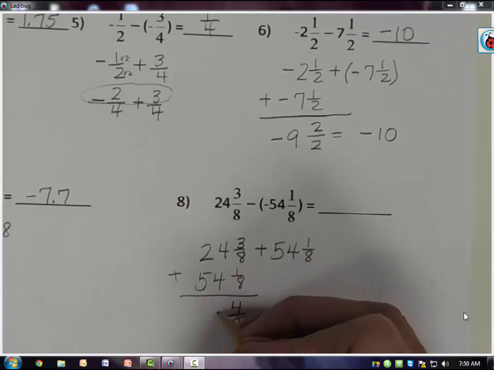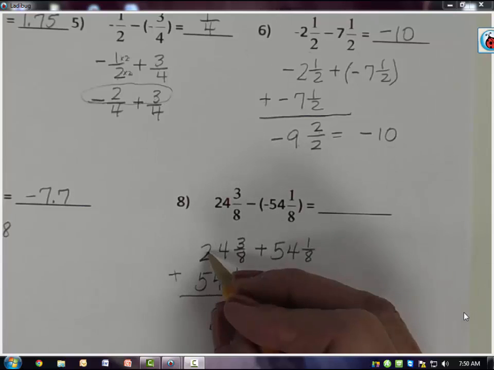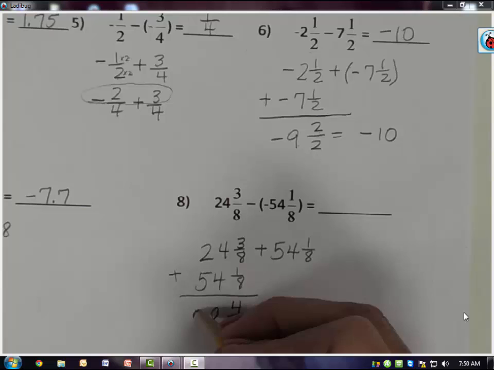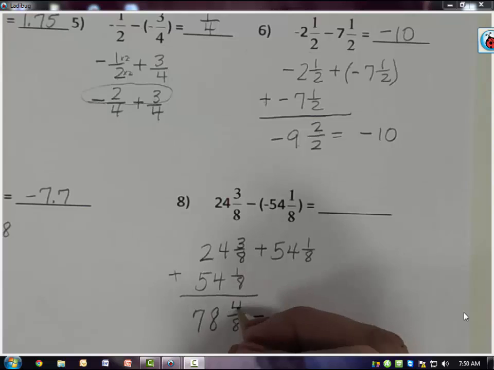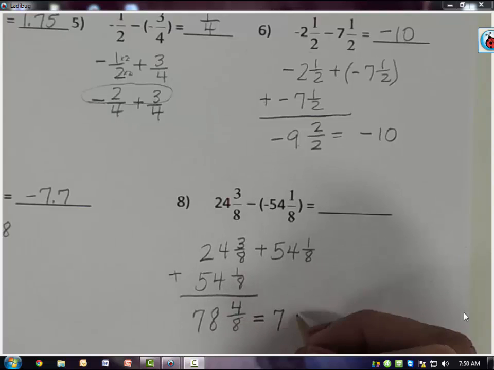So our answer is 78 4/8. Or is it? What did I forget to do? I forgot to simplify. If you divide both of those by 4, it simplifies to 1/2. Both are positive, so our answer is positive 78 1/2.